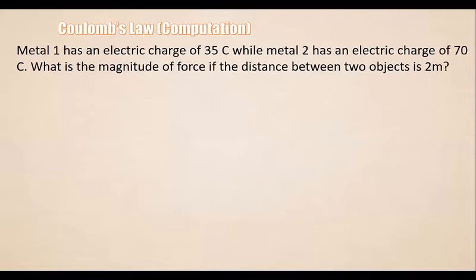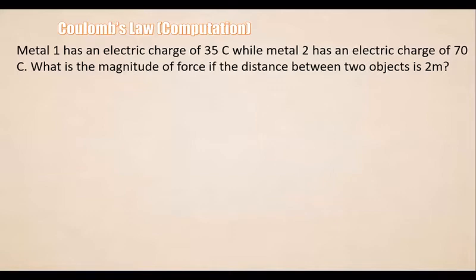Example number 2. Metal 1 has an electric charge of 35 coulomb, while metal 2 has an electric charge of 70 coulomb. What is the magnitude of force if the distance between the two objects is 2 meters? Let's follow the procedure we did in example number 1.